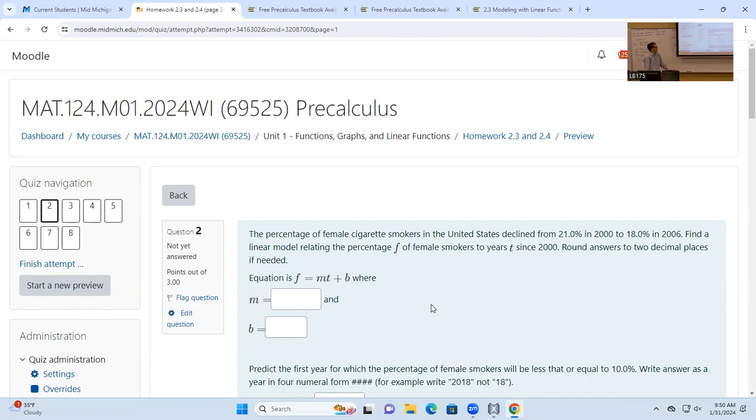When you're creating this, your output could either be written as percentages or your output could be written as proportions. This one says write your output as percentages. Does that make sense?